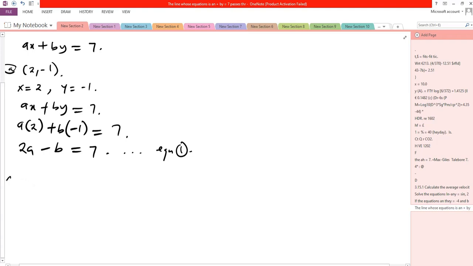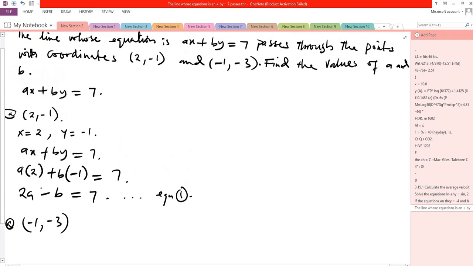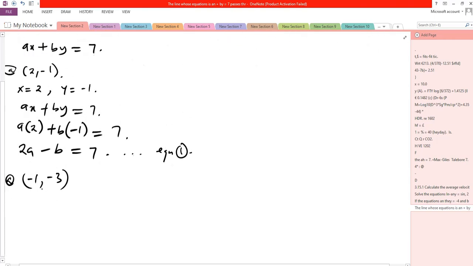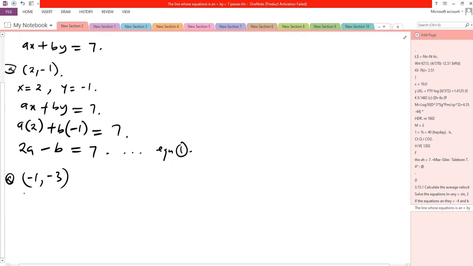So at this point, which is coordinates -1, -3, it implies that x is equal to -1, while y is equal to -3.